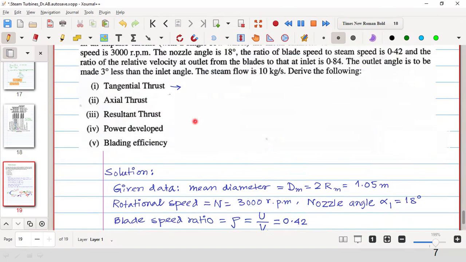Tangential thrust is related to delta V W, that is the change of the whirl component of the steam.